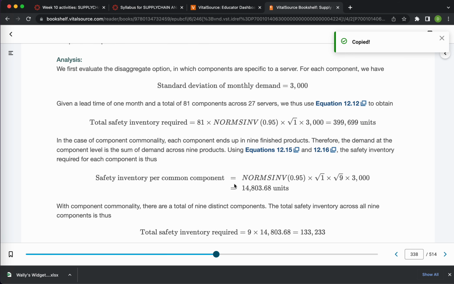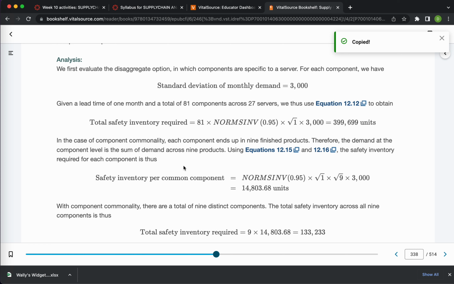But if you have component commonality, nine components end up in nine finished products. Therefore, the demand at the component level is the sum of the demand across these nine products. So let's look at one group of these products, and then we'll multiply the value by 9 to get how much safety inventory we hold.